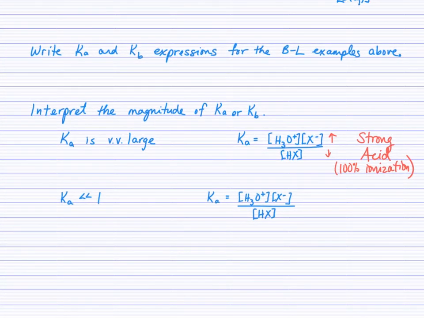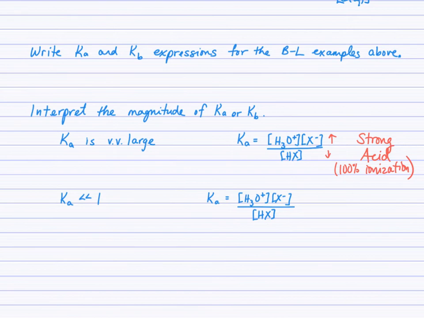Now with Ka being less than 1, then perhaps our numerator is going to be smaller than our denominator. And so we have few ions, right? So maybe 1 to 5% ionization. And so these are our weak acids.